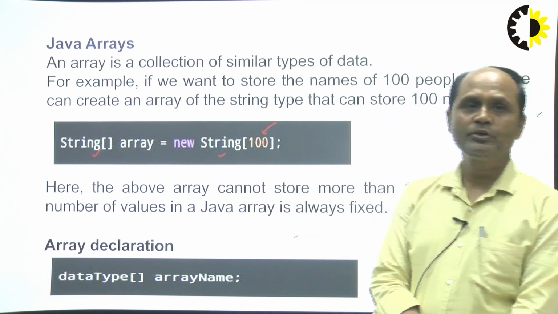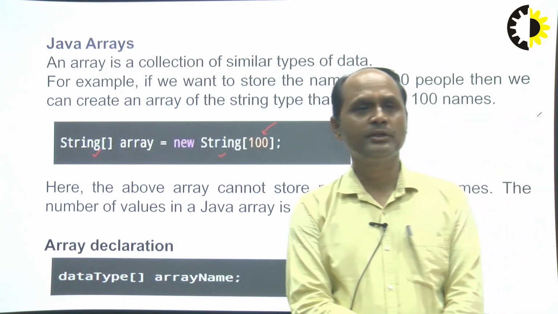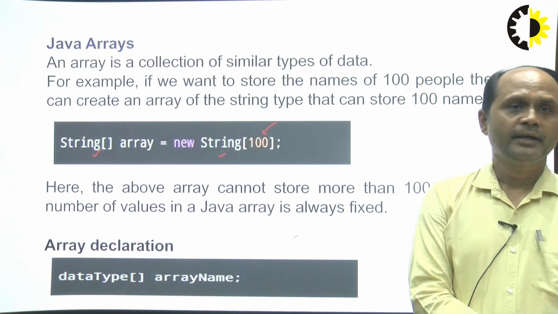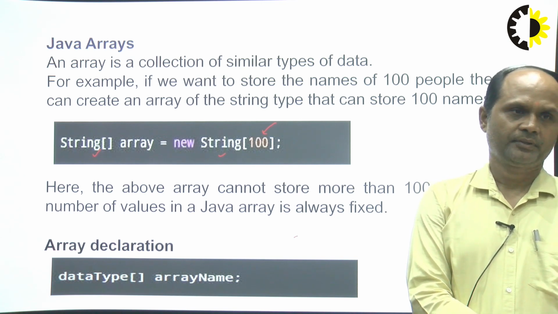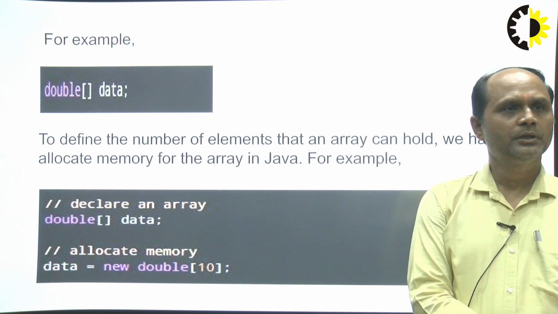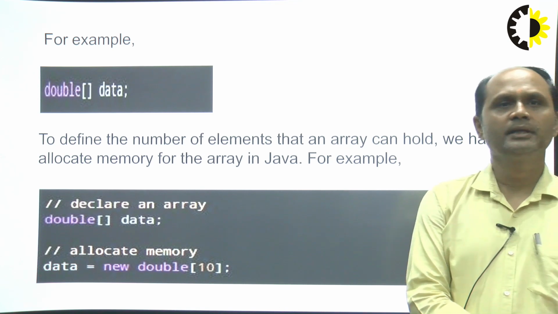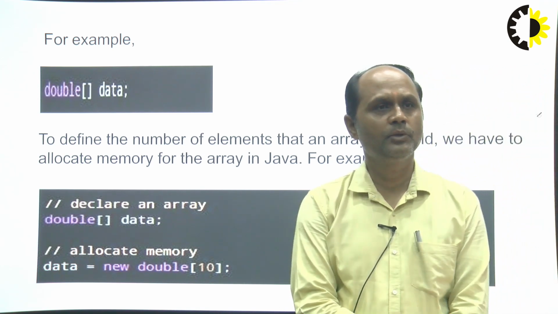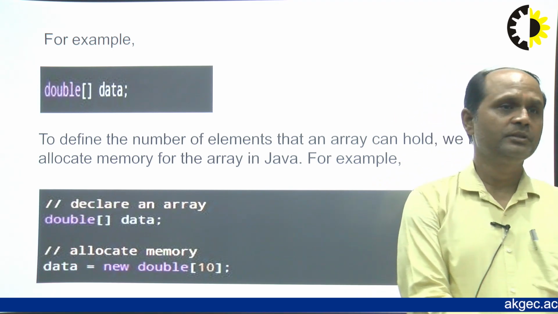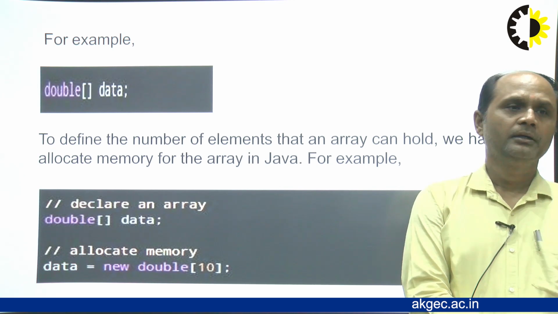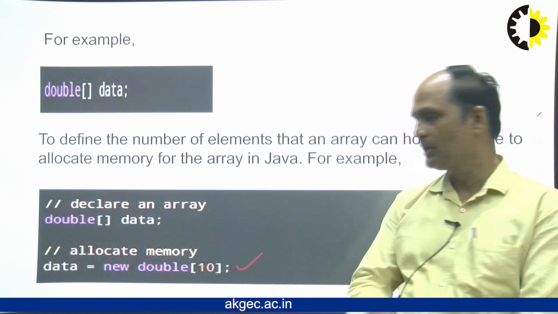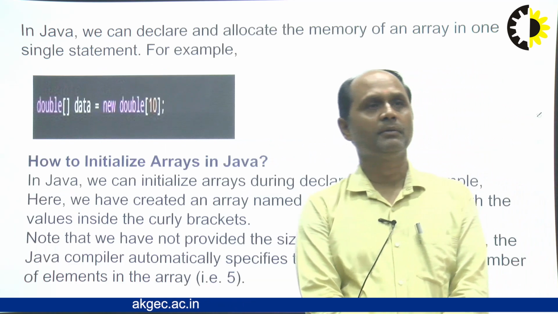The above array cannot store more than 100 values because a Java array is fixed in size. For double, we can define the number of elements that the array can hold. We have to allocate memory for an array in Java. For example, we have used double, array and data. This is the allocation of memory, the basic syntax of memory allocation in Java.